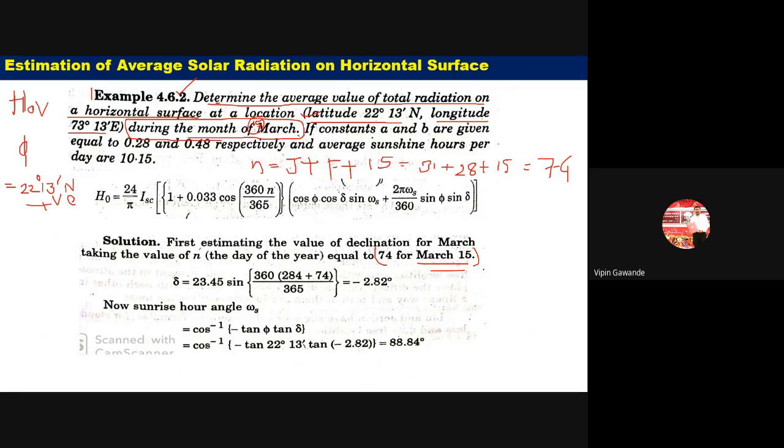Now the constants a and b are given, because we require those values in the final formula, where we have H0 times a plus b, n bar divided by n.